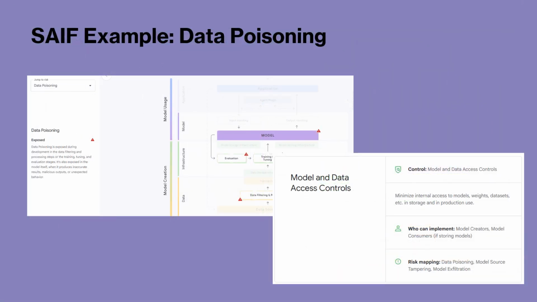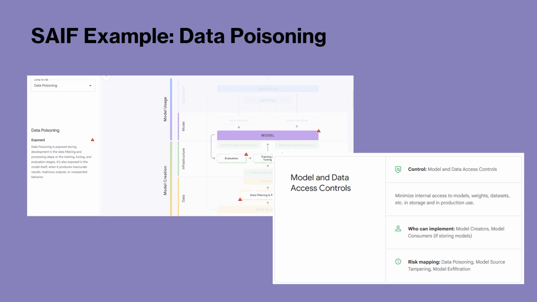Okay, looking at the SAIF model here, the SAIF risk management framework, we're looking at data poisoning here. So in the jump to task on the left side, I have selected data poisoning. There are 3 pages I can go through, but the first one is informational. What is data poisoning?